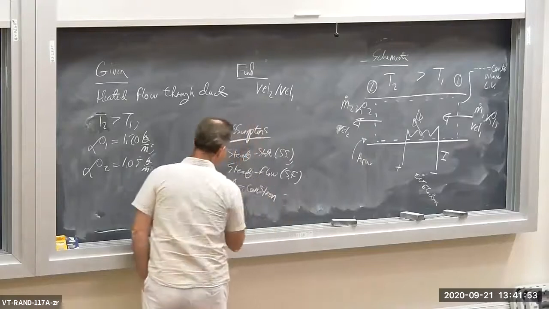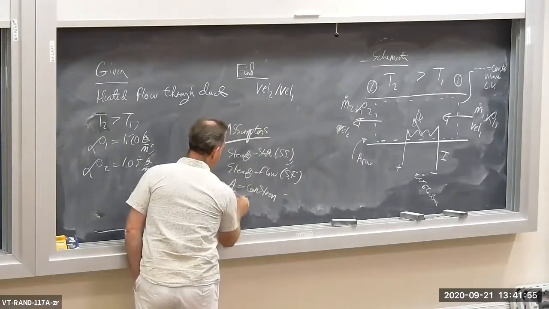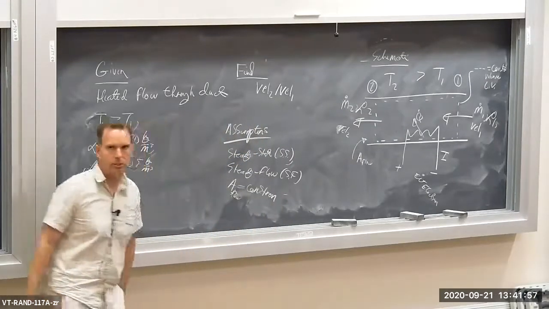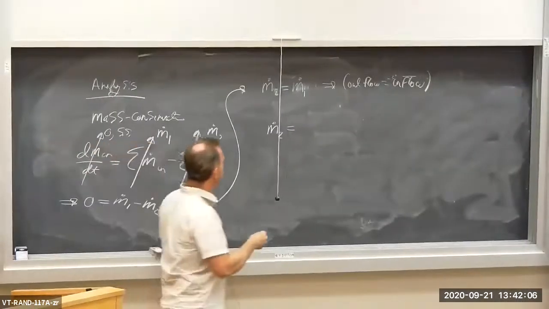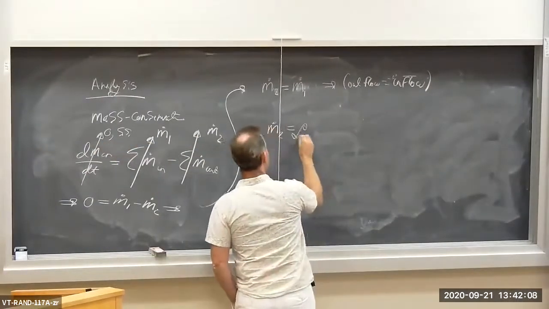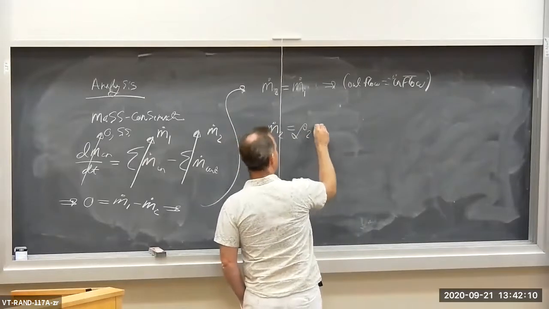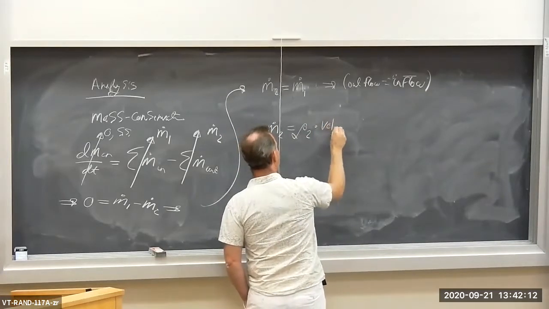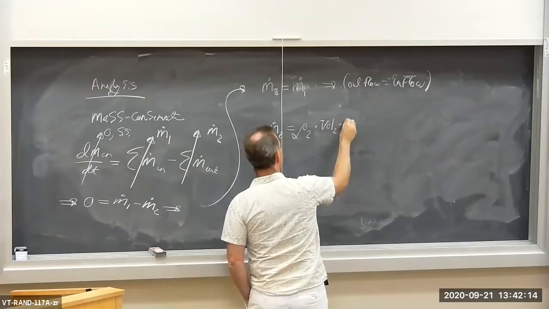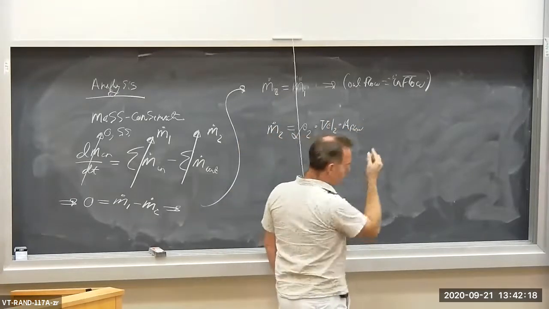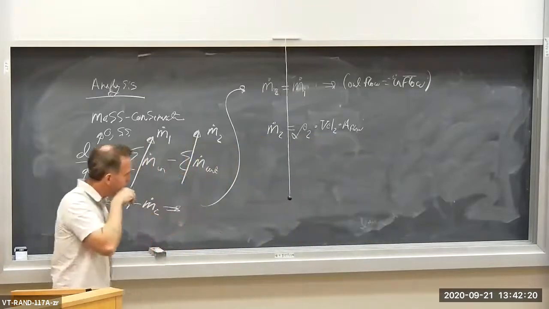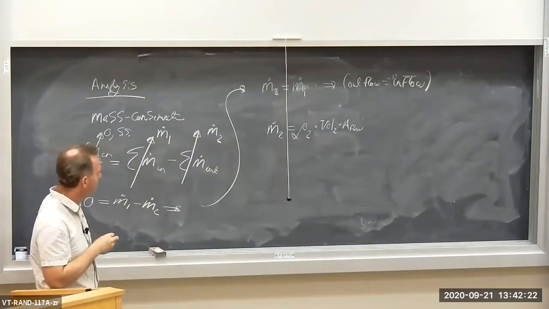And we're assuming that this flow area is constant because the duct is assumed to be constant area. So m.2 is equal to the density at location 2 times the velocity at location 2 times the flow area at location 2, which is equal to the flow area A flow. We're assuming it's all the same.